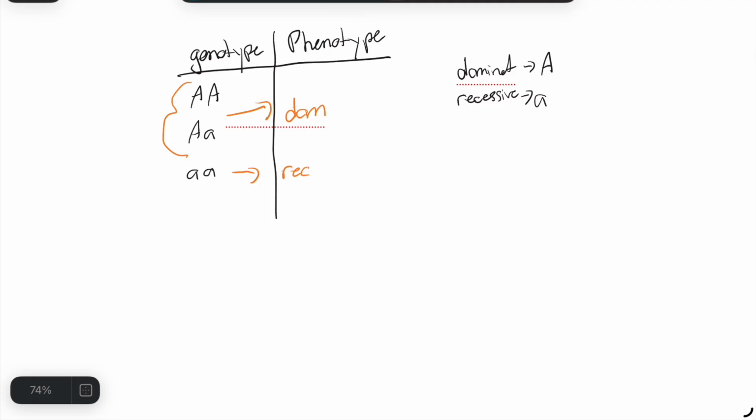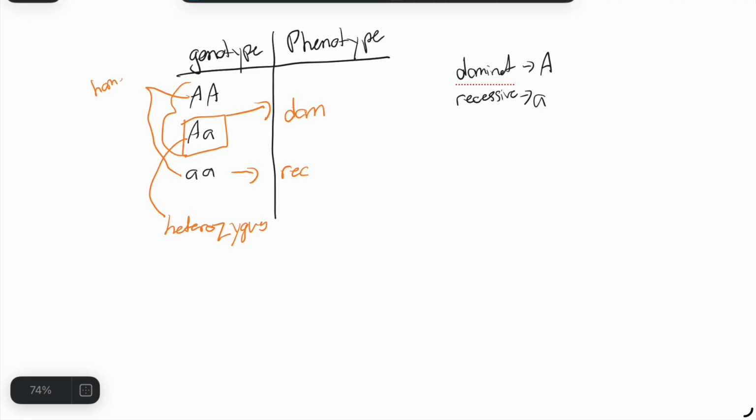This means that someone can carry a recessive allele and not show the recessive trait. This type of individual is called heterozygous. Whereas if you have 2 of the same, so either 2 capitals or 2 lowercases, you are called homozygous. And to differentiate, you would either be homozygous dominant or homozygous recessive.